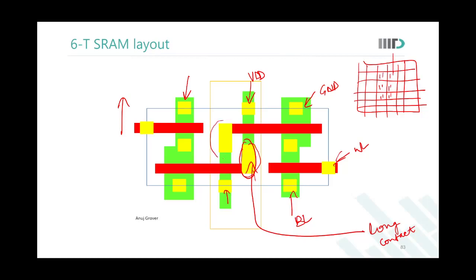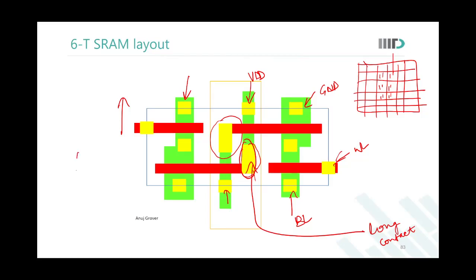Because this long contact helps us save area very significantly, the process teams say that, okay, because you are using an array, a systematic formation of these long contacts, we will tweak our resolution enhancement algorithms, our optical proximity correction algorithms, so that such contacts can be formed fine in an array configuration.